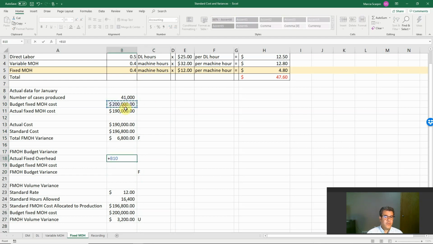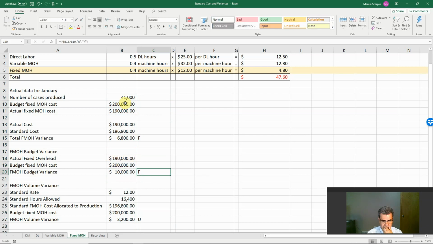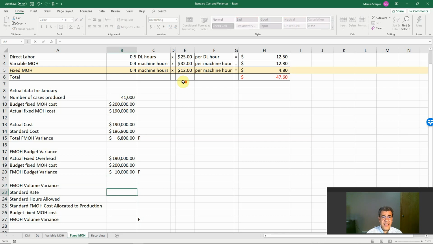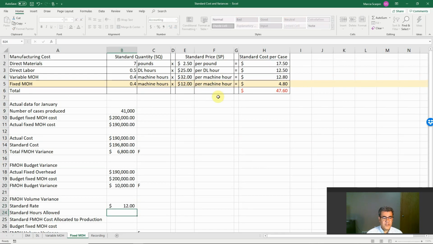How do we find these numbers here? Actual 190. Budget 200. So the easiest one ever here. And then the absolute difference, favorable variance. The volume variance is a little bit harder. Standard rate $12.